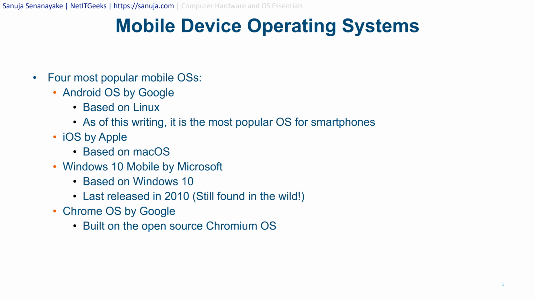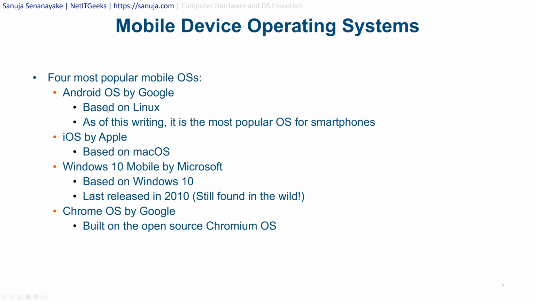Mobile device operating systems. There are four most popular mobile operating systems. One of them is actually no longer in production, but as an IT technician, you may still come across it.